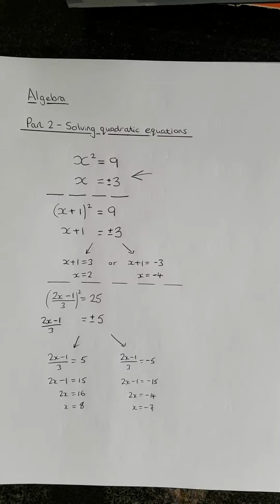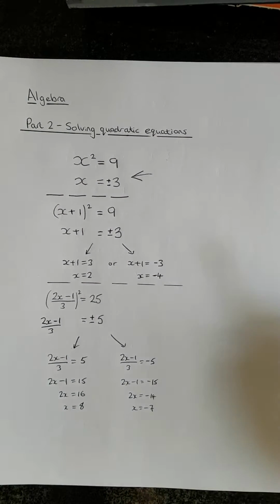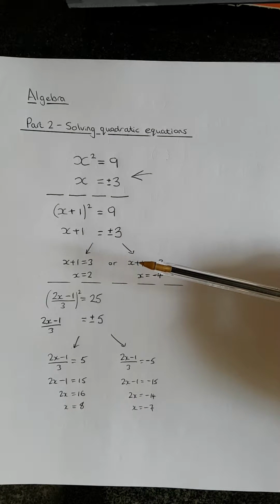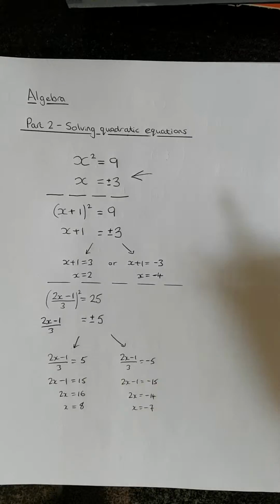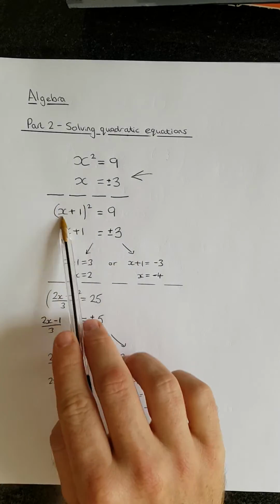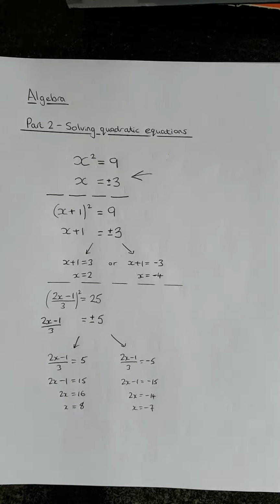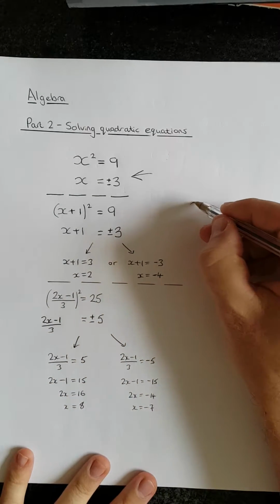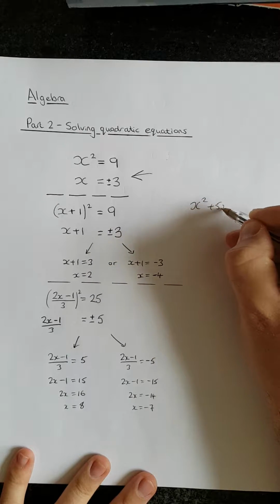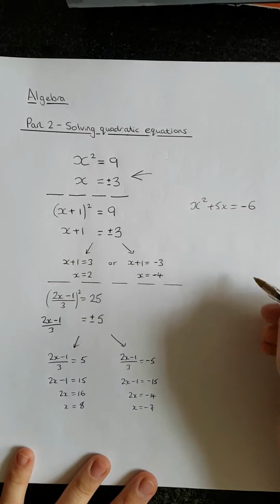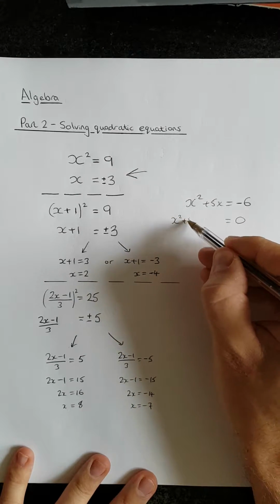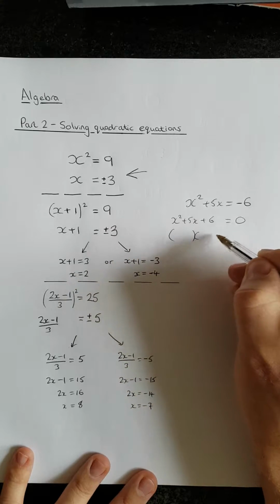Now, this all seems rather convenient, and it relies on this principle that you've got something squared. So what you're saying to me now is, it might not be that common to be given it in this format. It might be more likely that I get something like this, and I have to make it equal to 0, then factorise and then solve.